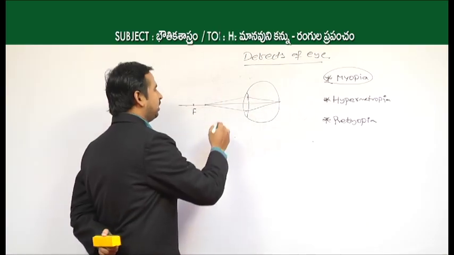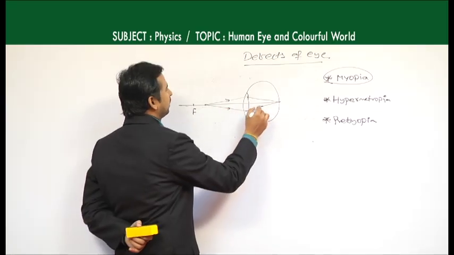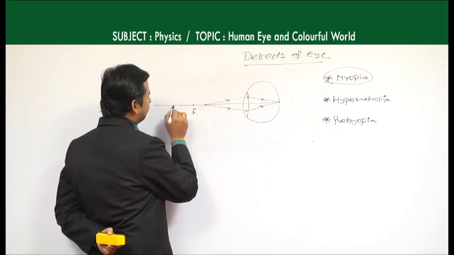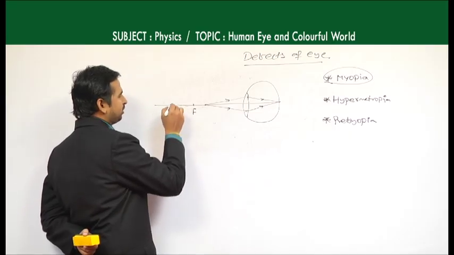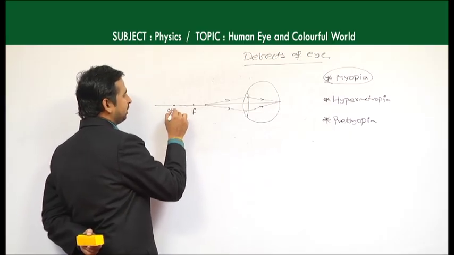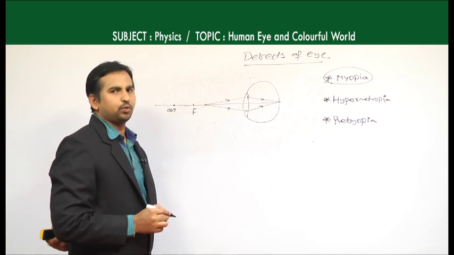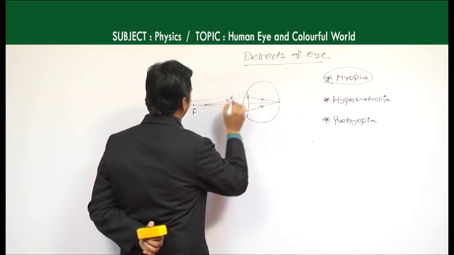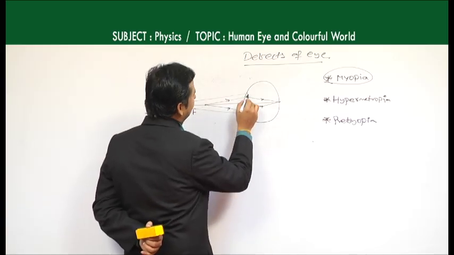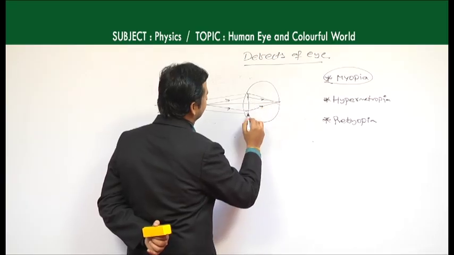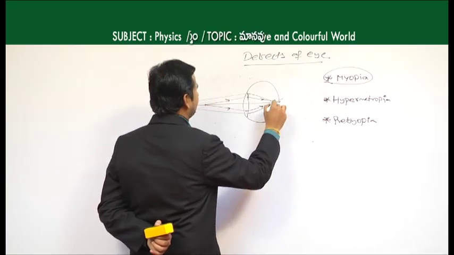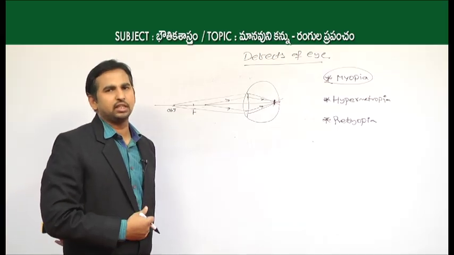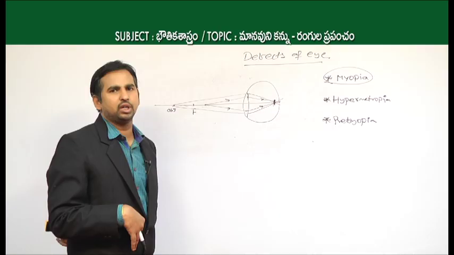But if the object is placed beyond the far point, for example at this position, the light rays do not converge on the retina; they converge before the retina, like this, and the image is formed there. That is because the focal length is less than the required 2.5 centimeters.